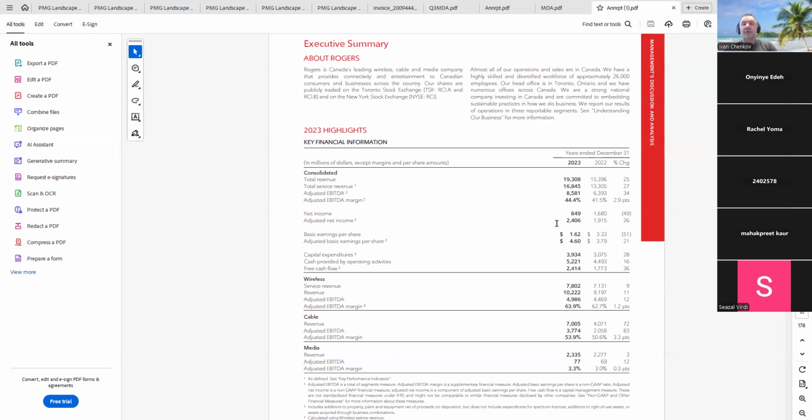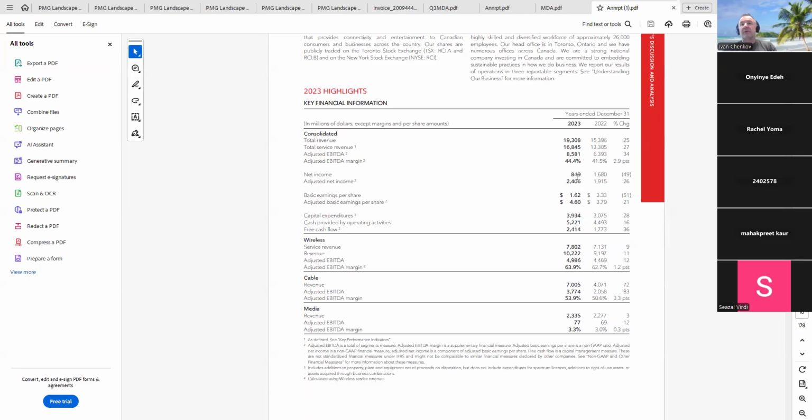Adjusted net income, now we have adjusted net income. They try, with the accounting policy, to close the eyes of the investors so they can show that, okay, my revenue increased by 25%, and you see a 26% increase in the net income. So those are two consistent, even though the pure net income is going down by 50%.